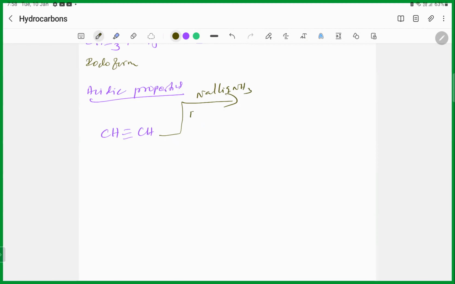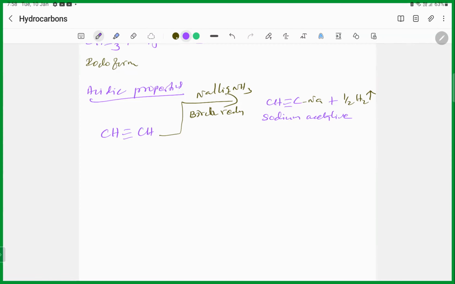When you are doing it, you will get CH triple bond C Na plus half of the hydrogen gas will go away. This is called sodium acetylide.